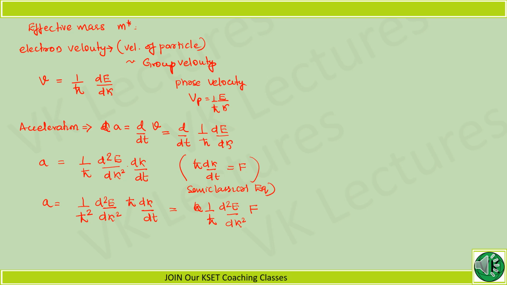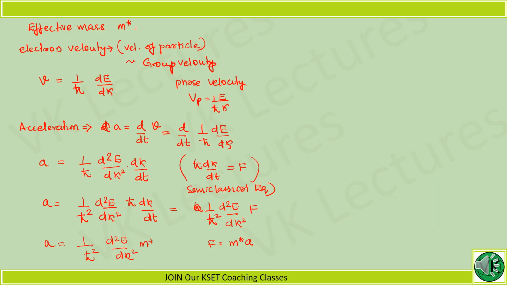So a equals 1 by h cross square d square E by dk square times F, and here F is equal to m star a, since we are dealing with the effective mass.